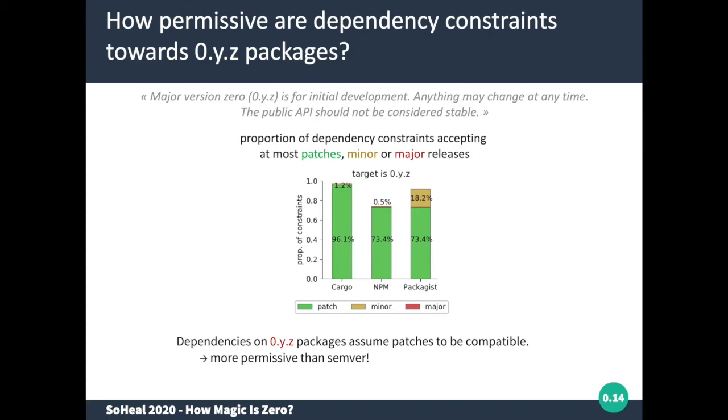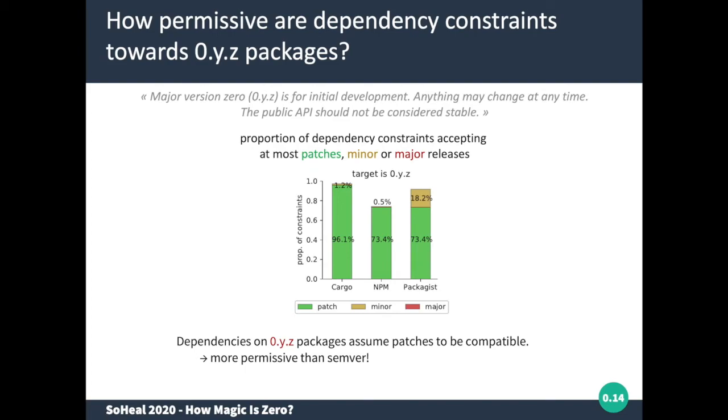Also, all patches of packages in the 0 version range are assumed to be backwards compatible and so will not lead to breaking changes. We can clearly see that all dependencies to such packages allow patch updates, about 96%, so almost all packages for Cargo, 73% for NPM, and 73% for Packagist.